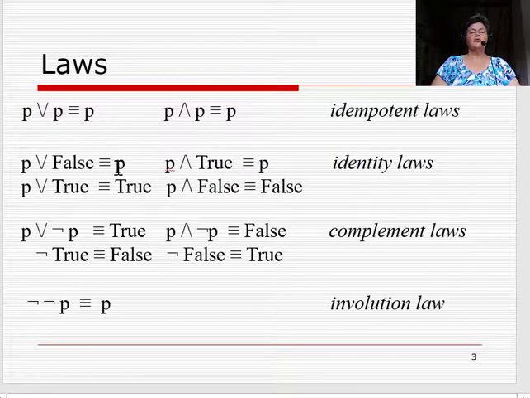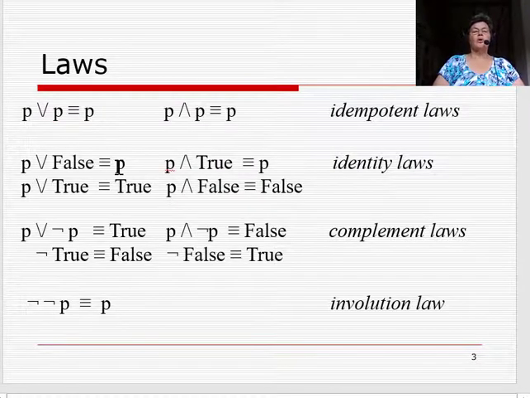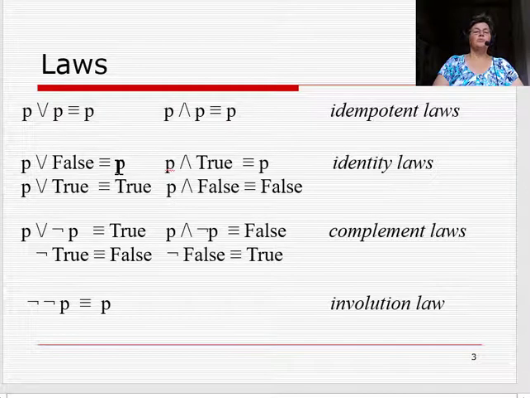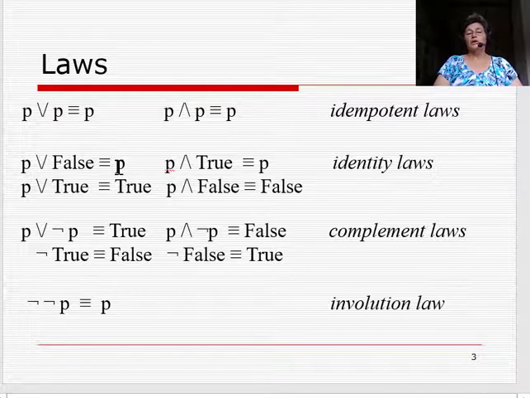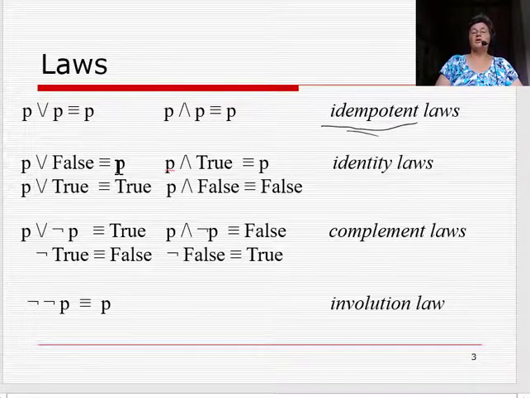If we look at the first simple laws, P or P is of course equivalent with P. P and P is also equivalent with P, and because we have a math class, we give it a nice expensive name, the idempotent law.